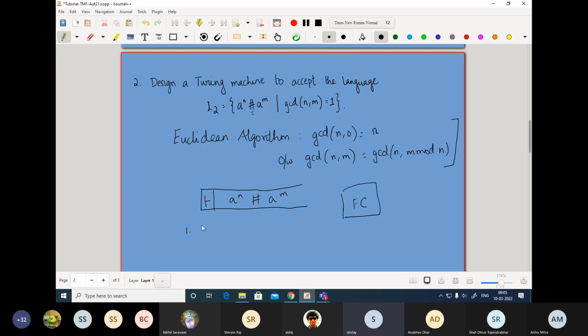First, you do a sanity check of the format of the string.